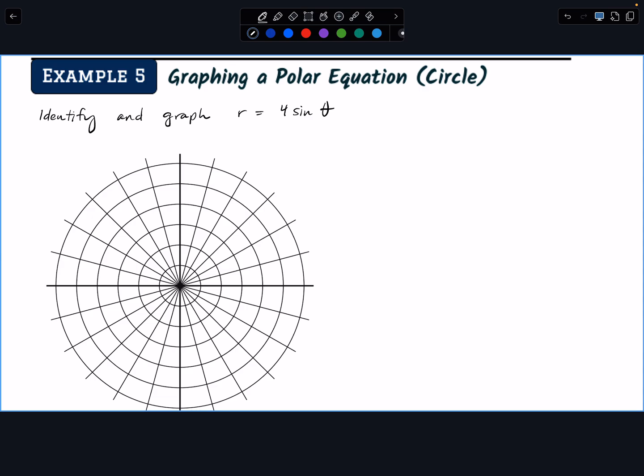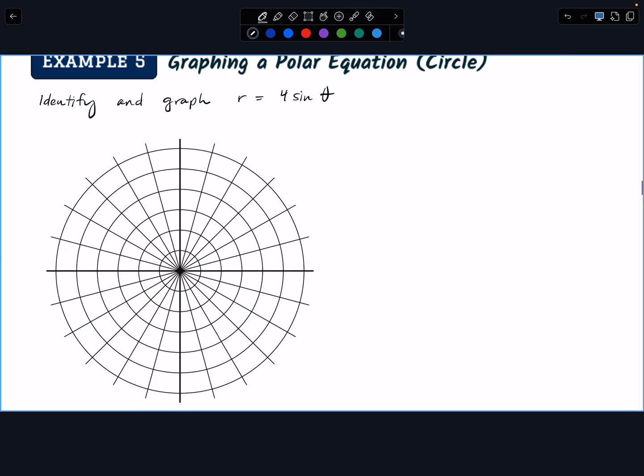Trying to see if this will work, no. That's weird. Okay. So what does this look like? Well, we're going to be creative here.